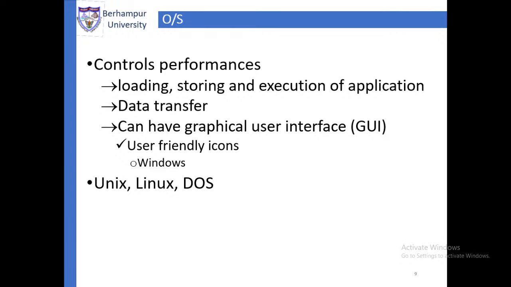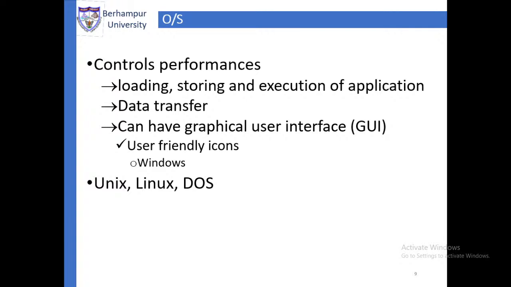Then operating systems can have a graphical user interface or a non-graphical user interface. You are mostly acquainted with the graphical user interface, which is called GUI for short. G is for graphical, U for user, I for interface.